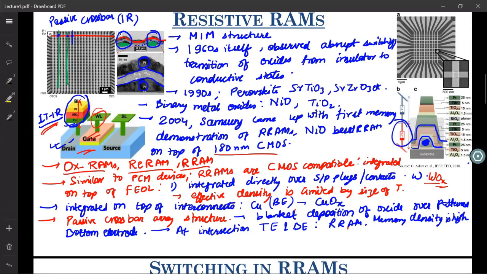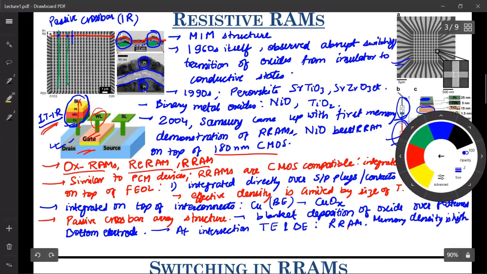Now, even on top of this, you can again deposit insulator, and on top of that, you can deposit a metal electrode. So that becomes another RRAM. These two RRAMs share one of the electrodes. The top electrode of the second one, the red one, shares the bottom electrode of the first one. So this can be integrated in a 3D form, and this is what this chip shows.